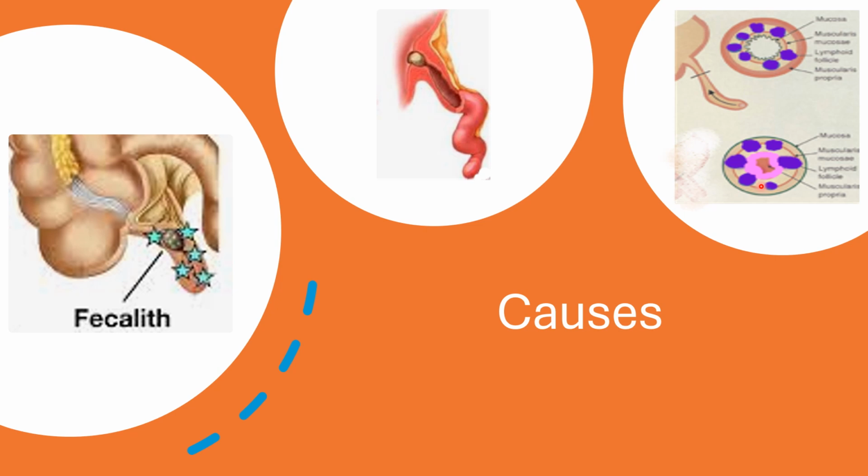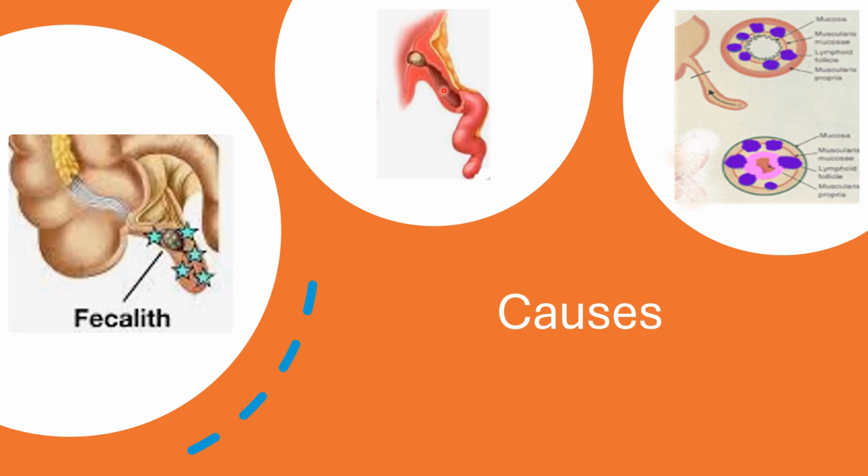So in all three causes that you see here, the bacteria is always stuck in the appendix, and when bacteria is stuck there, it causes inflammation. With any inflammation, you would see the white blood cells moving towards the part that has inflammation.